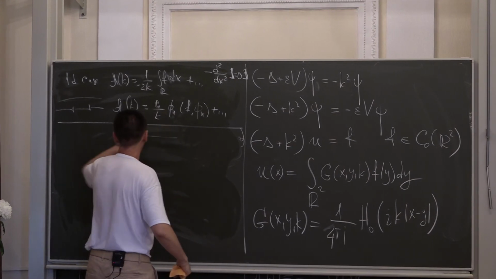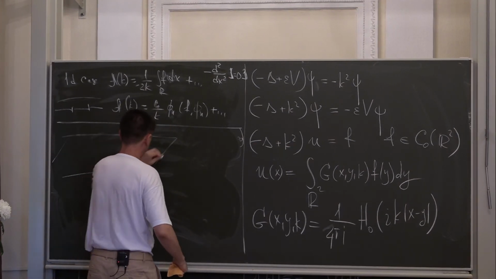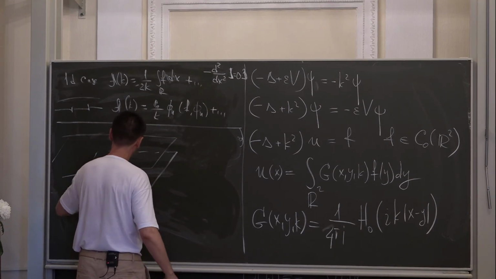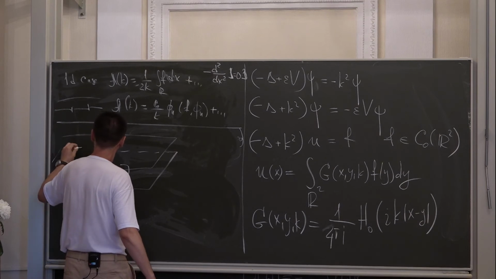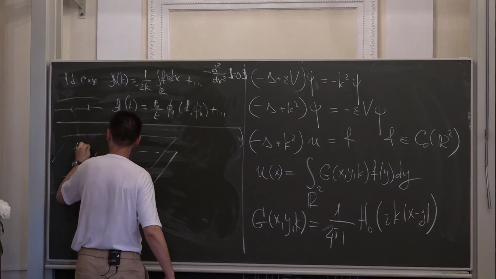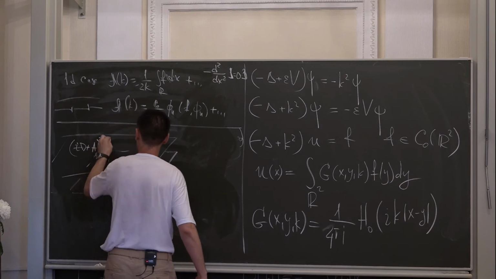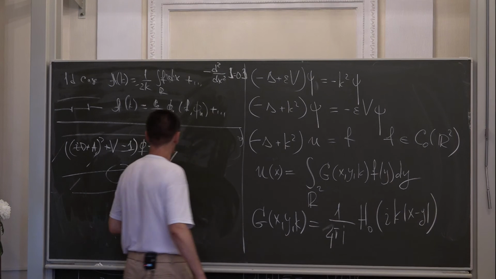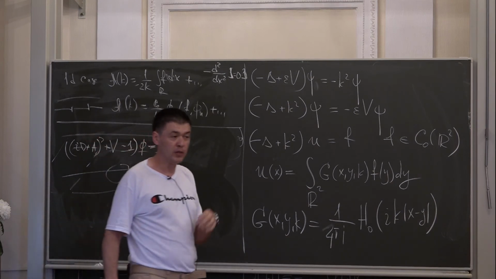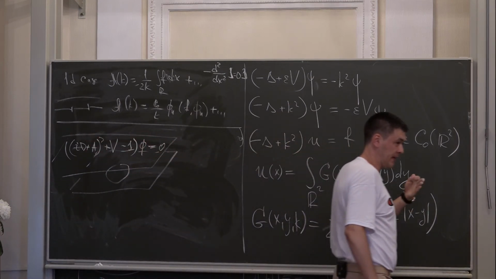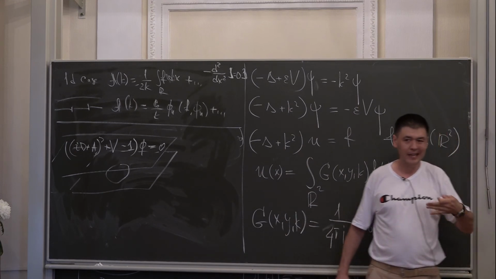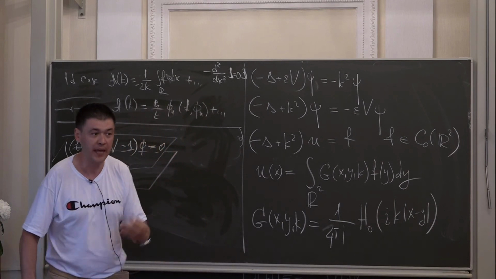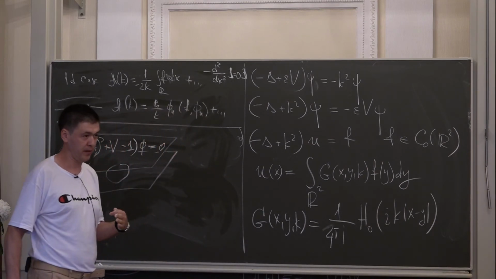So I should again take the same layer, fix here this window, and the equation will be like this. And I should write here phi equals 0. And then I should ask myself what kind of solutions I can have. Namely, what is the behavior of these solutions at infinity? Their behavior is the main point here.